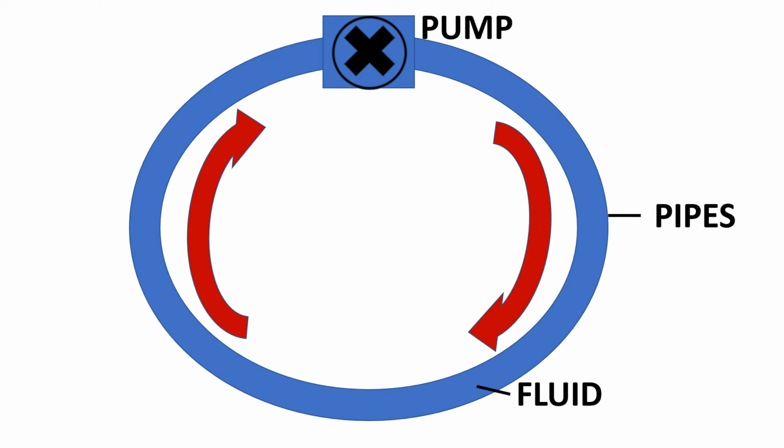As can be seen in the diagram, there are pipes carrying fluid away from the pump and pipes carrying fluid back to the pump. They are all equally important. It's clear that pipes that are too narrow or too wide or are leaking will severely affect the success of the system.